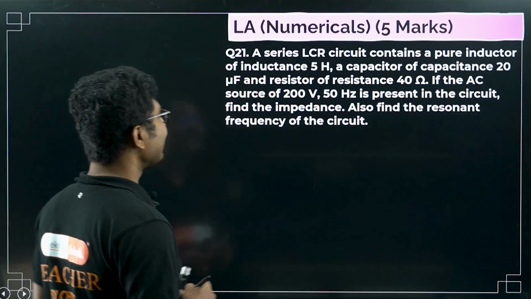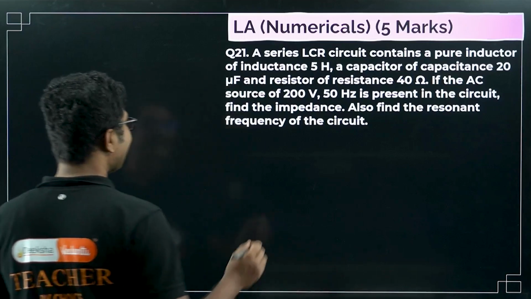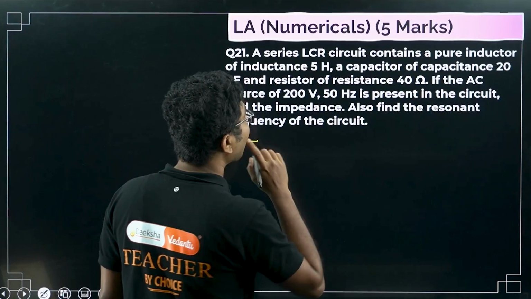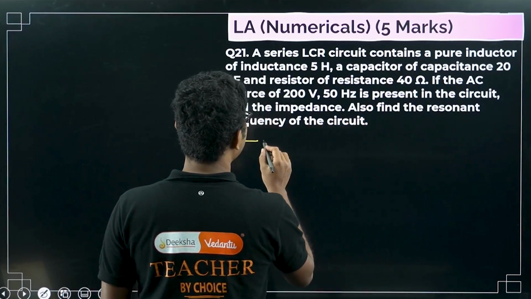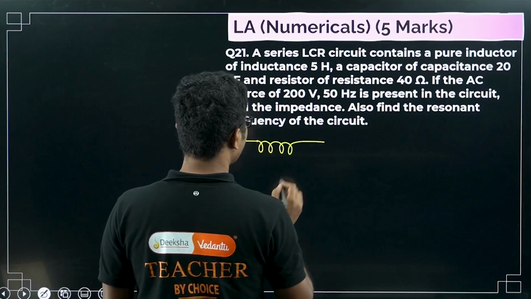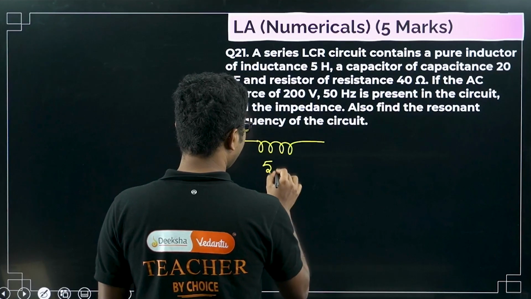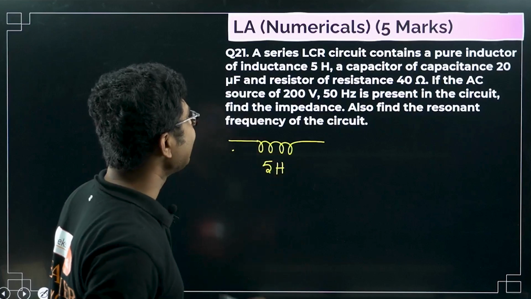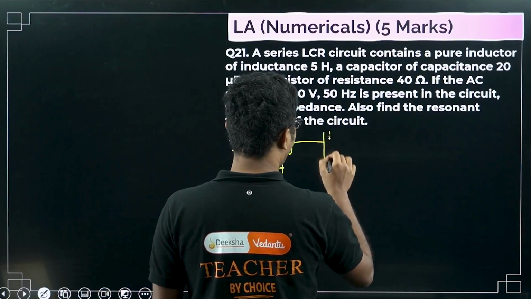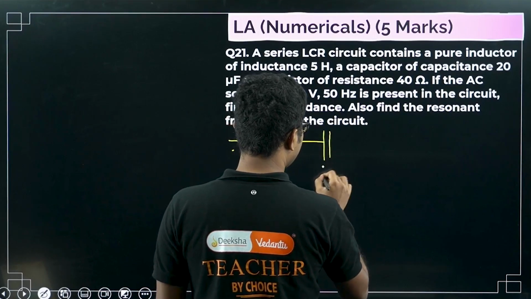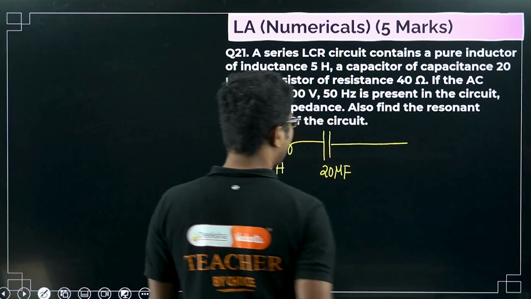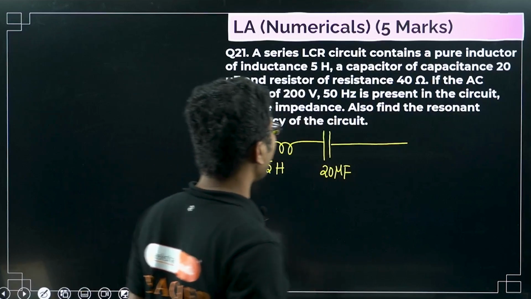First of all, let us draw a small circuit diagram and understand what all is given here. We have a pure inductor of inductance 5 Henry. Next is a capacitor of capacitance 20 microfarad and a resistance of 40 ohm.